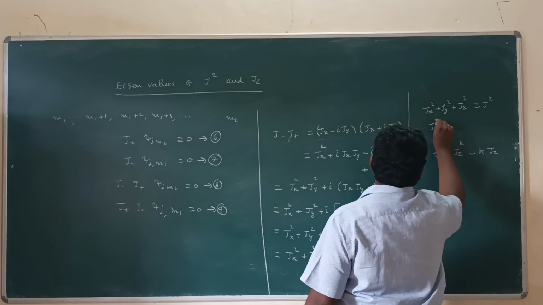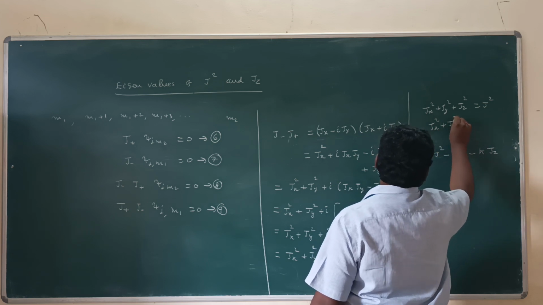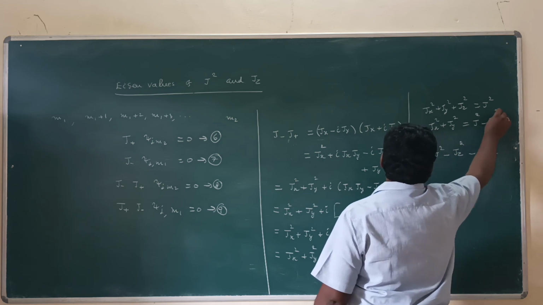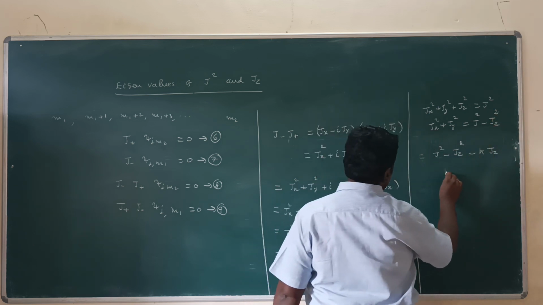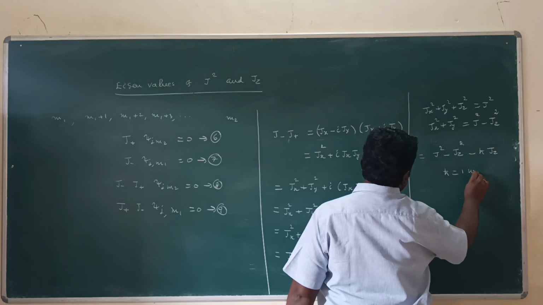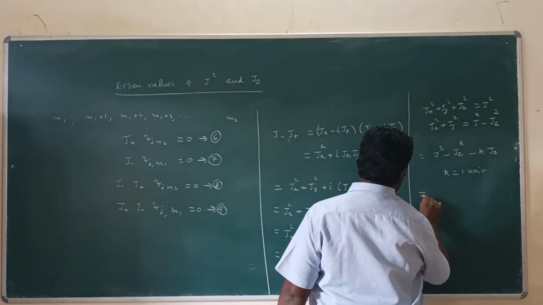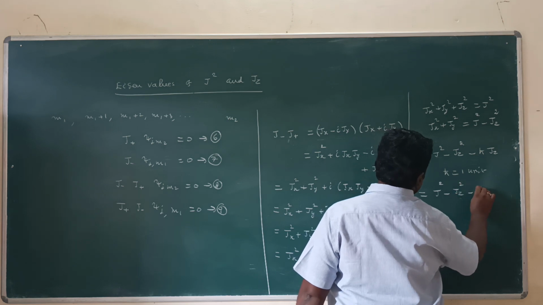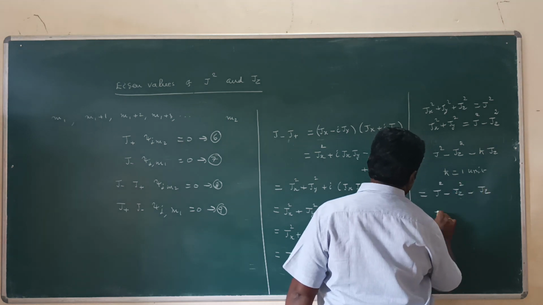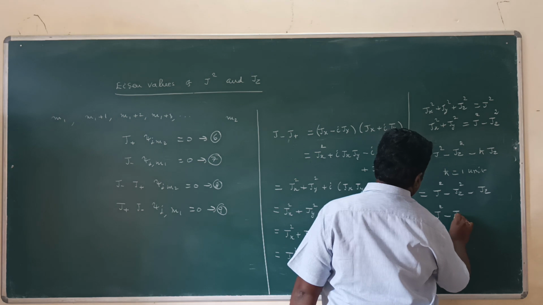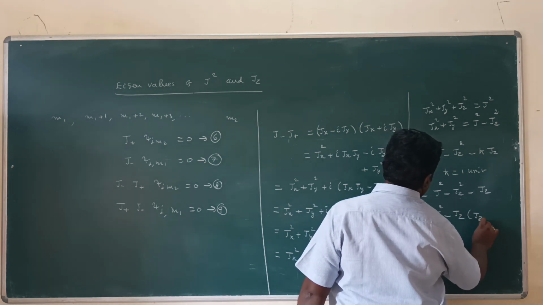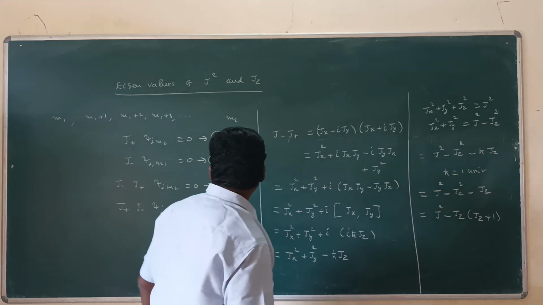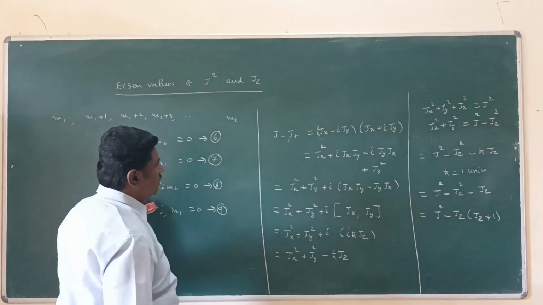Then Jx square + Jy square is equal to J square − Jz square. Here keep ħ equal to 1 unit. Therefore, this is modified as J square − Jz square − Jz, which is equal to J square − Jz(Jz + 1). This is the value of J− J+.